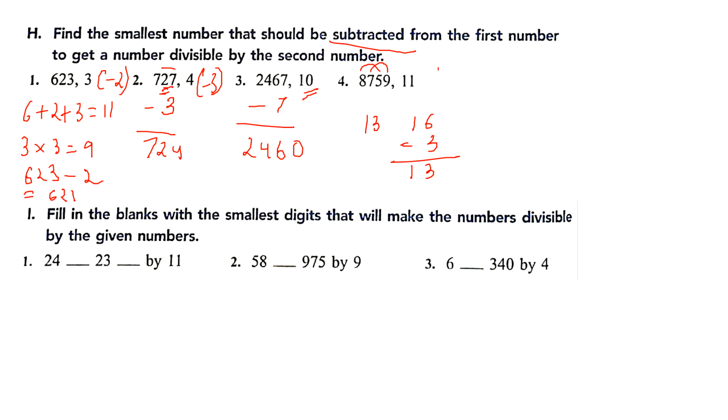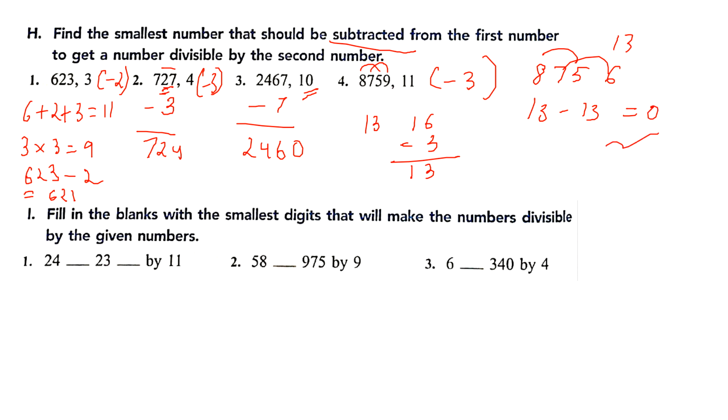That means you just have to subtract 3. It will make it 13. Both the alternate numbers will become 13 and you can subtract them and check the divisibility rule. This number will become 8756. So you see 8 plus 5 is 13 and 7 plus 6 is also 13. 13 minus 13 is 0.